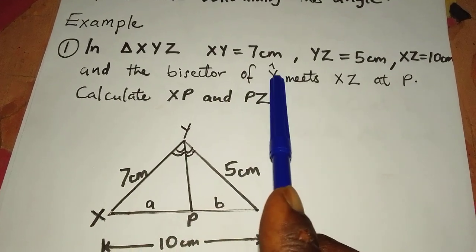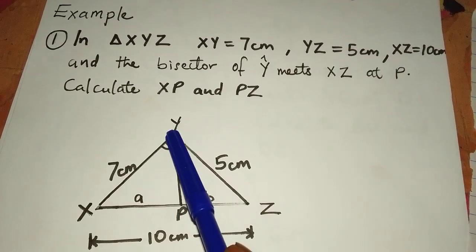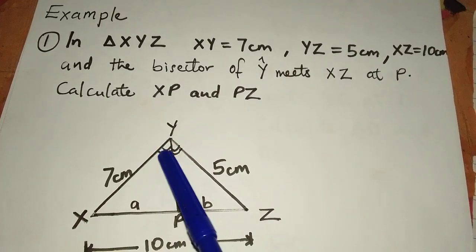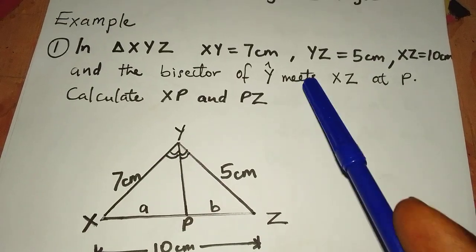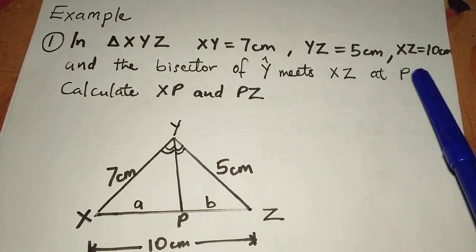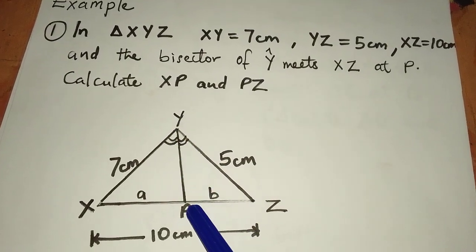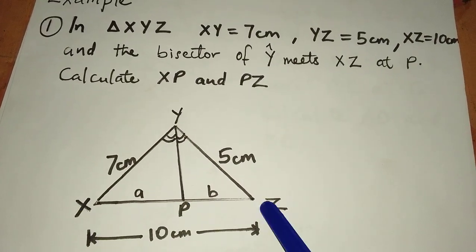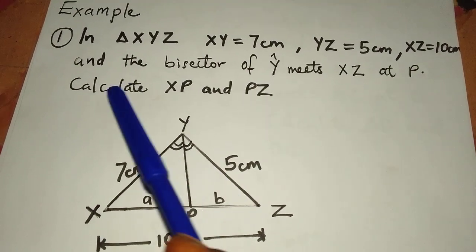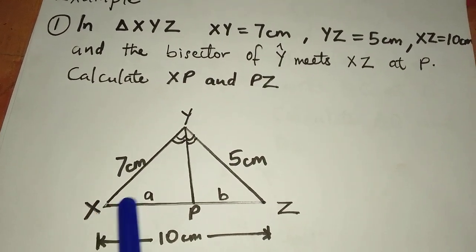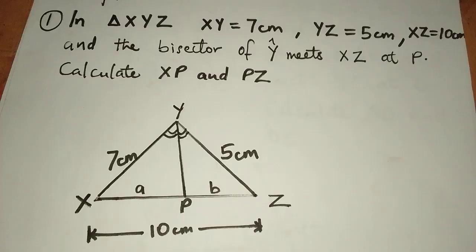And the bisector of Y means if you bisect this angle Y, you are dividing it into two equal halves. It meets XZ at P. This is line XZ, and this line bisects the angle, meeting XZ at this point P. You are told to calculate XP and PZ.